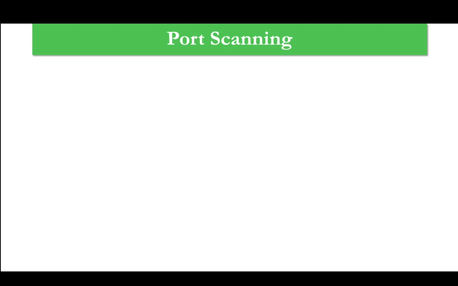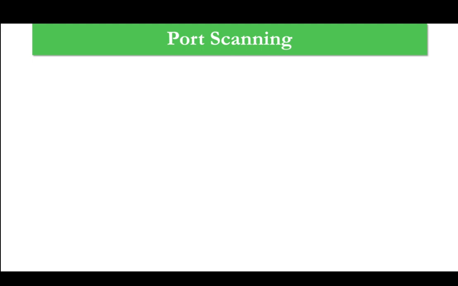So Nmap works with two protocols that use ports, TCP and UDP ports. A connection for each protocol is uniquely identified by four elements: the source and destination IP addresses and the corresponding source and destination port numbers.